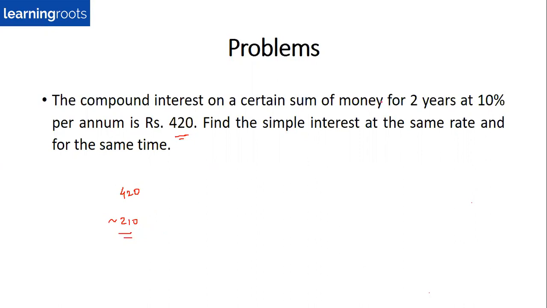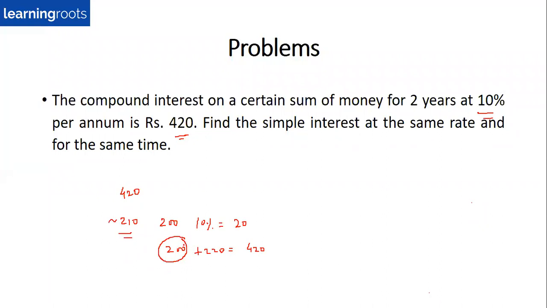So now what I'll do is I just need to find a number close to 210, which if I find another 10% of it and add to it, I'll get 420 as the answer. So close to 210, I have 200. If I have 200, 10% of 200 is 20. So 200 and 220, the summation of which is 420. So that's how I can get that, for the first year, the interest was 200.